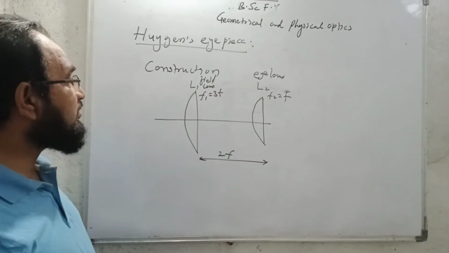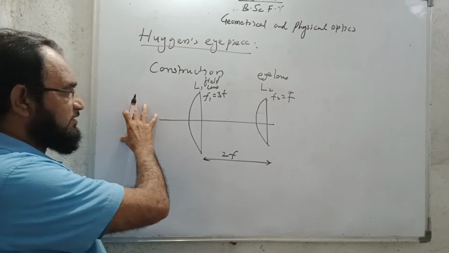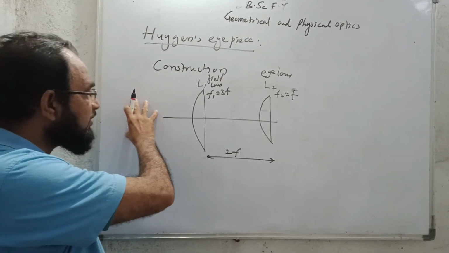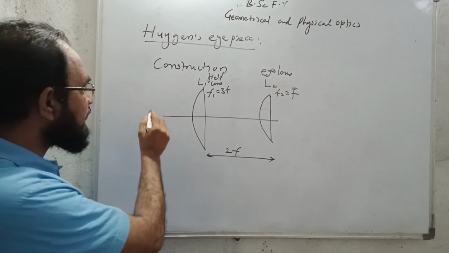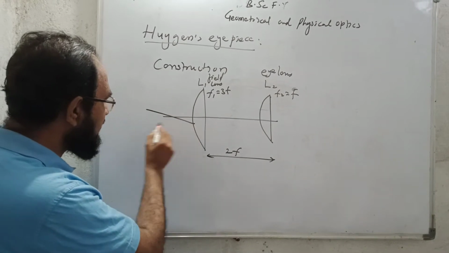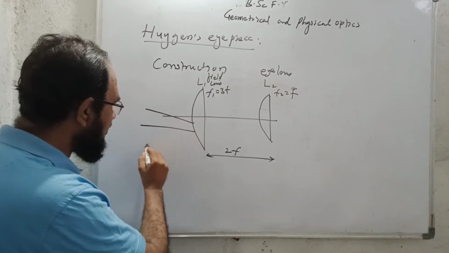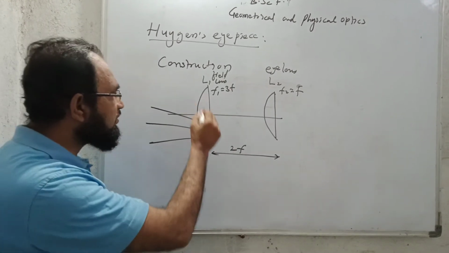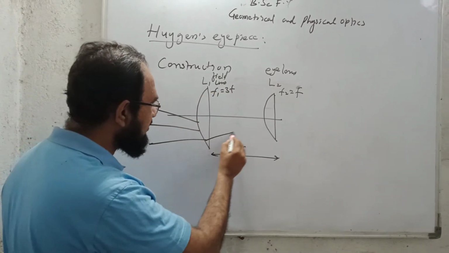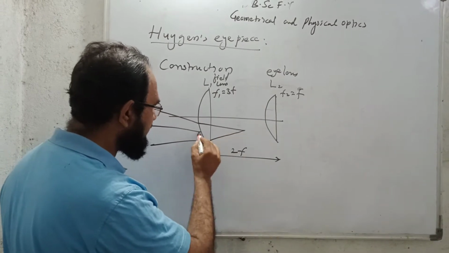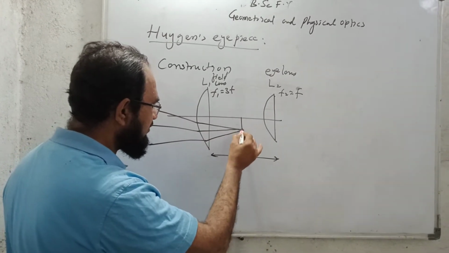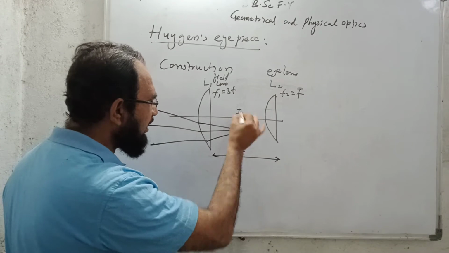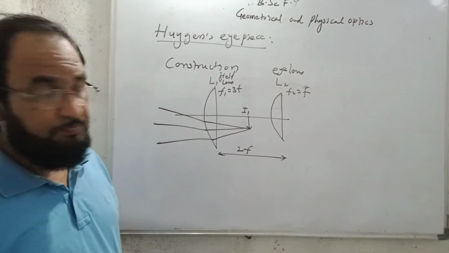Now the rays coming from the objective make the image after refraction through the field lens at a certain point here. This image is known as the I1 image.